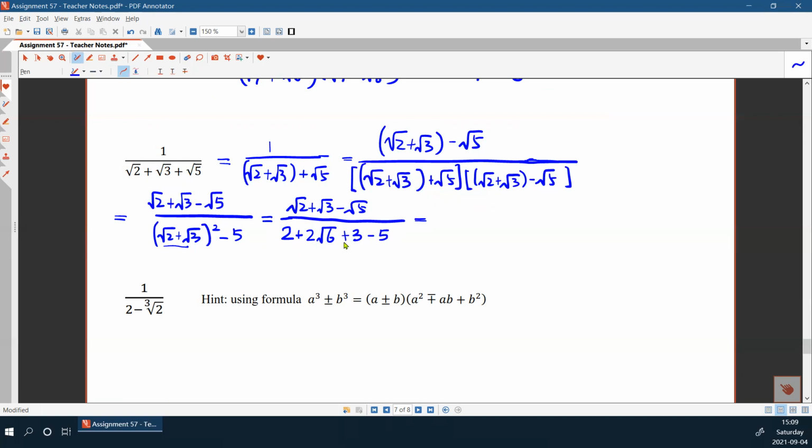So 3 plus 2 minus 5 can be canceled with each other, right? And then this is actually converted to a question with only one term that is not rationalized. So we can just multiply square root of 6 to both the denominator and the numerator to rationalize the denominator, right?